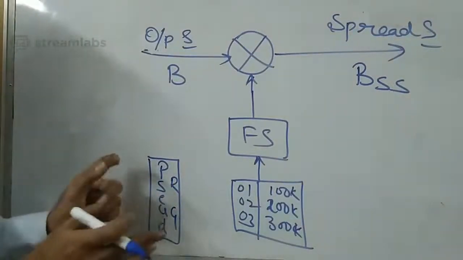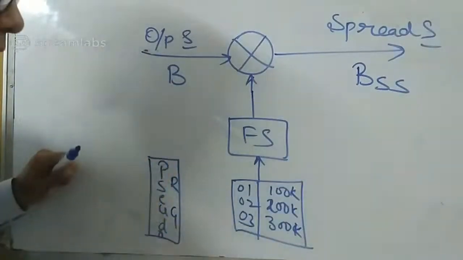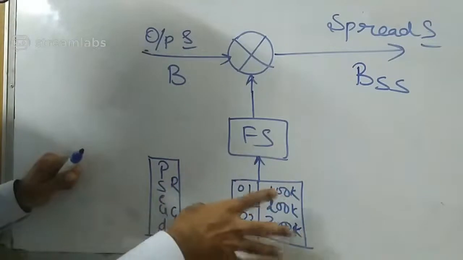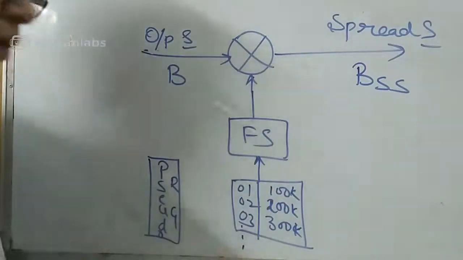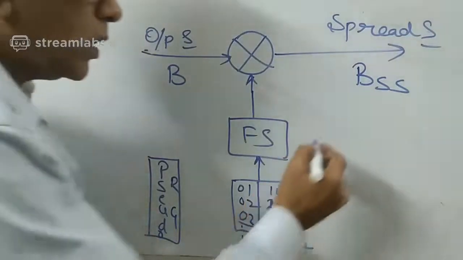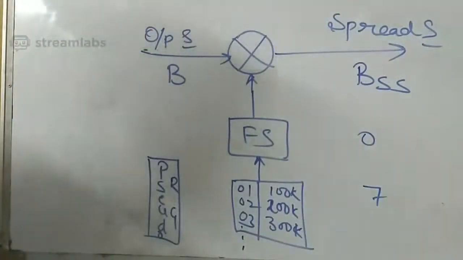It is one system which generates random numbers in the range of these values. Here, because of space, I have only shown 3, but actually you want to have multiple such values. For understanding, I will talk about 0 to 7.